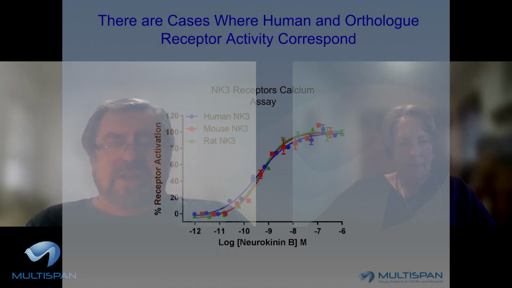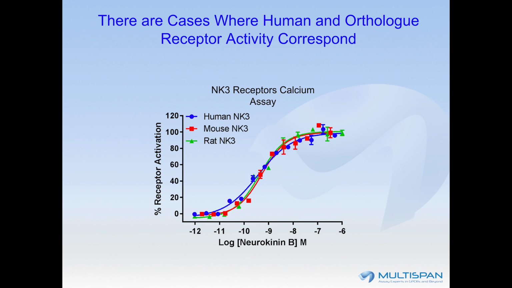Now, in some cases, as shown in the next slide, we have a compound for NK3. And as you can see from the curves on human and animal species, it is equiactive.